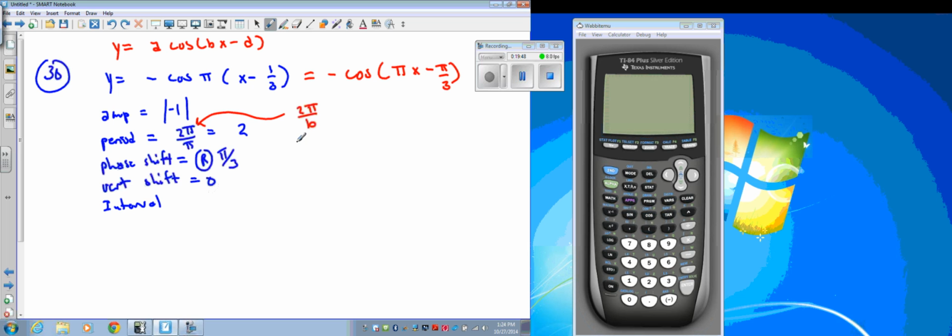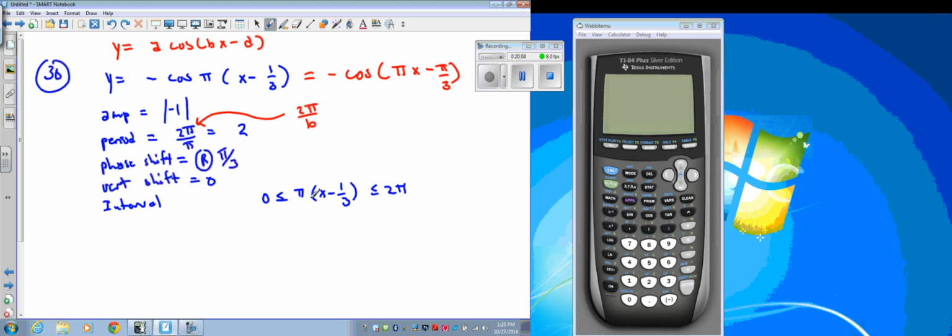On an interval, you want to take this whole value and put it between cosine's normal interval, which is 0 to 2 pi. But now you put this pi x minus 1/3.